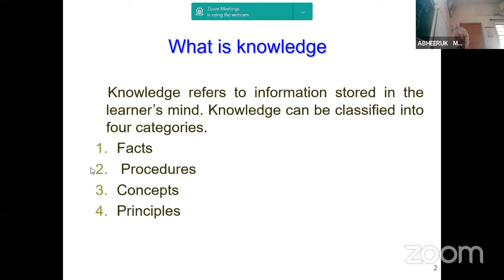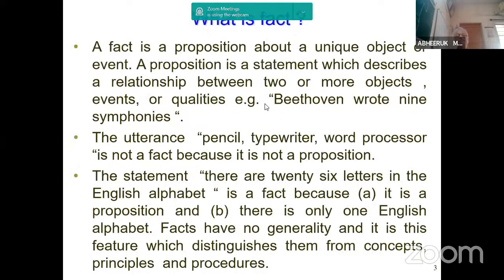So first, let us go to the fact. Facts, procedures, concepts, and principles. What is a fact? A fact is a proposition about a unique object or event.